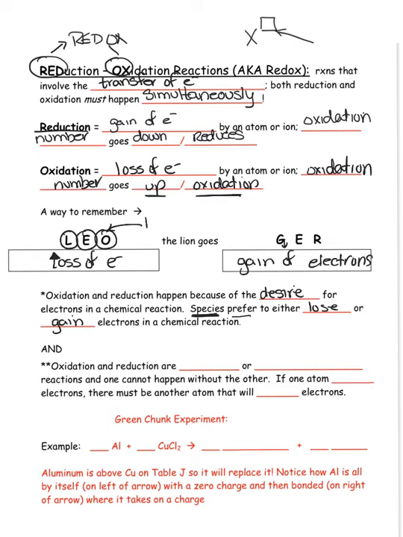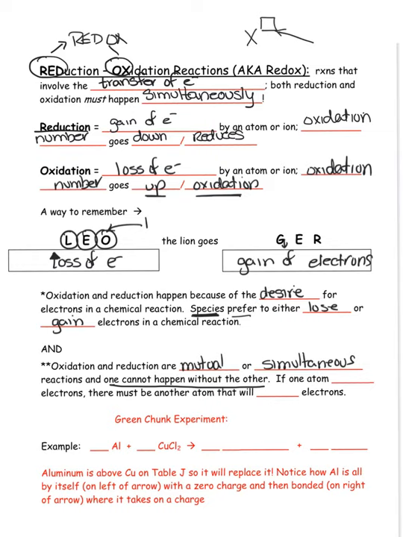Oxidation reductions are mutual. That means they happen at the same time. I'm going to write the word simultaneous here. They happen at the same time, and one cannot happen without the other. So if I lose 2 electrons, somebody else needs to be gaining those 2 electrons at exactly the same time.